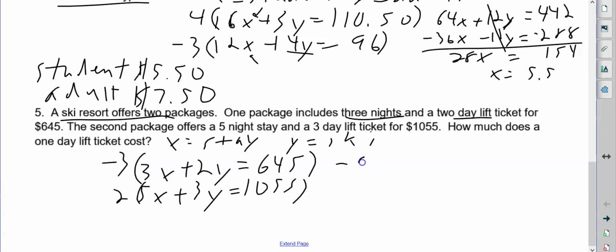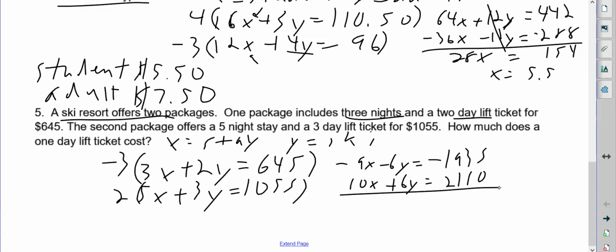So that's going to give me negative 9x minus 6y equals 645 times negative 3 is negative 1935. And then 2 times 5 is 10. 2 times 3 is 6. And 2 times 1055 is 2,110.